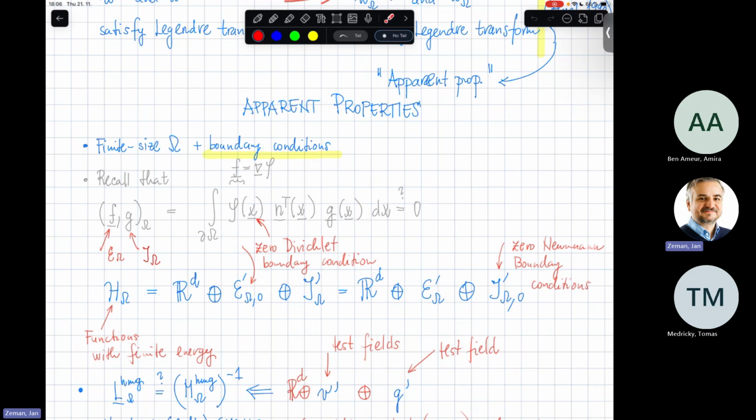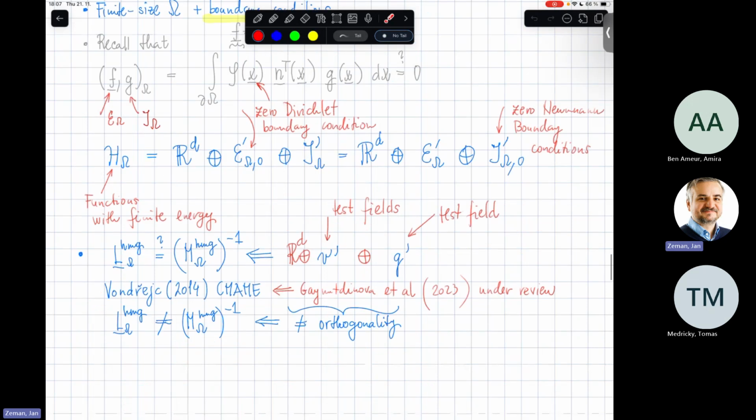So there is no way to compensate for a constant function by something which is fluctuating, and there is no way to substitute or compensate for the divergence-free function by a curl-free function, for instance. So this is the structure which I was talking a lot about. I'm still talking about.